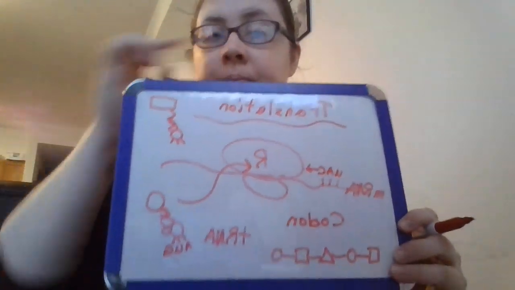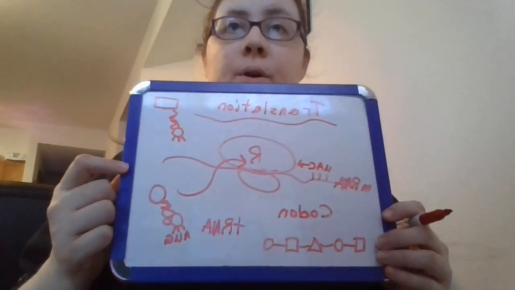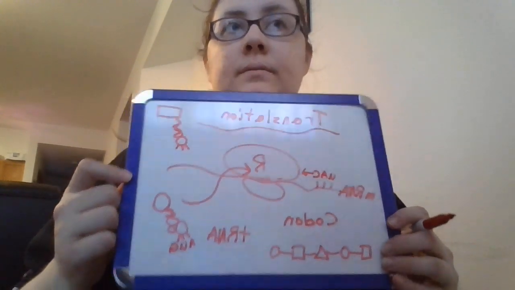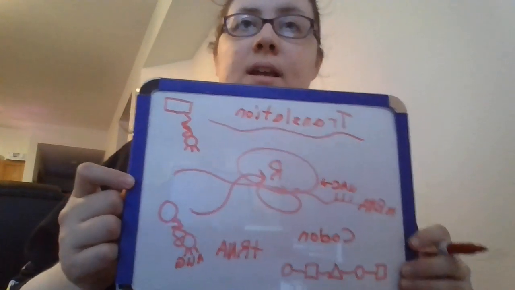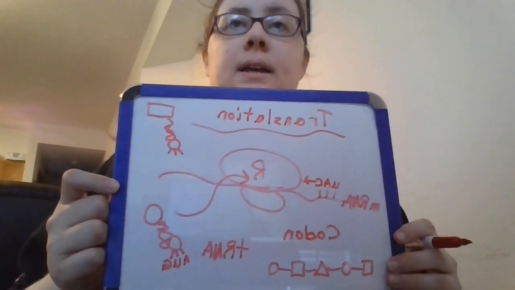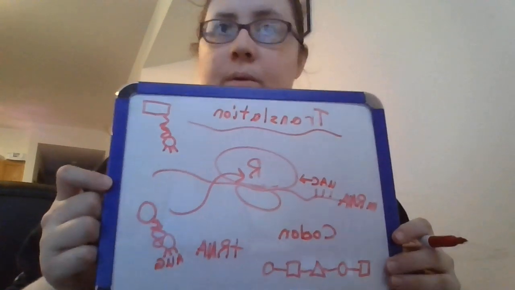So over time, there are many different codons, and each codon codes for certain things. There are multiple codons that can code one thing. Some codons have one pattern for one codon. It just depends on what it is.